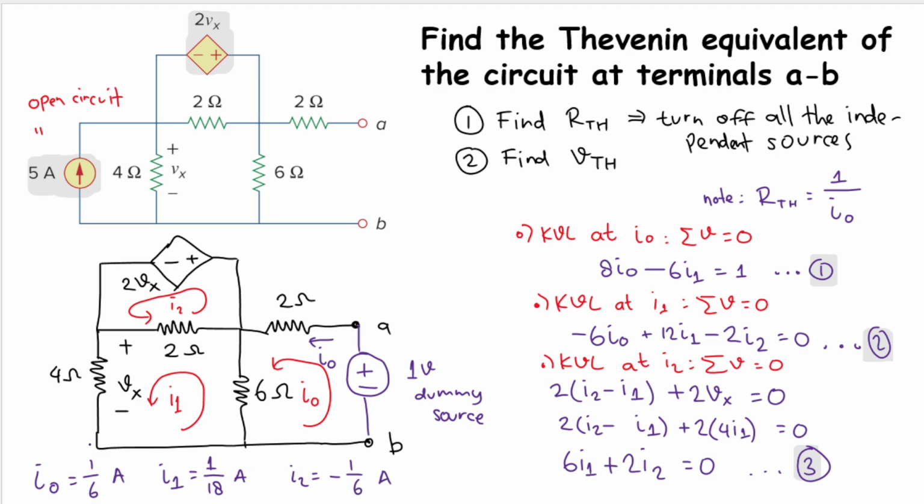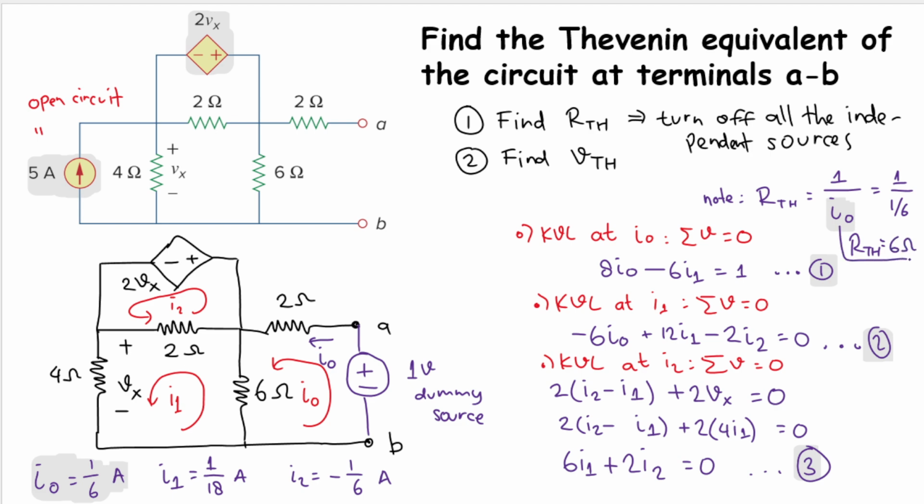Okay, that will be nice because we know that RTH is 1 over I0, right? So we know I0 here. So RTH is just 1 divided by 1 over 6, and that will be our RTH value, which is 6 ohm.